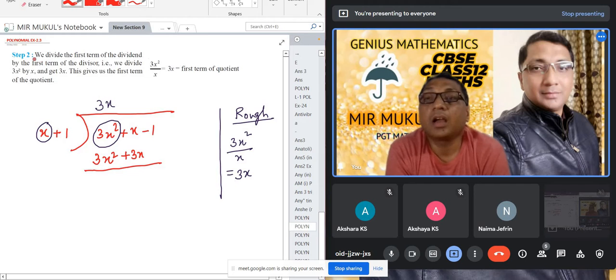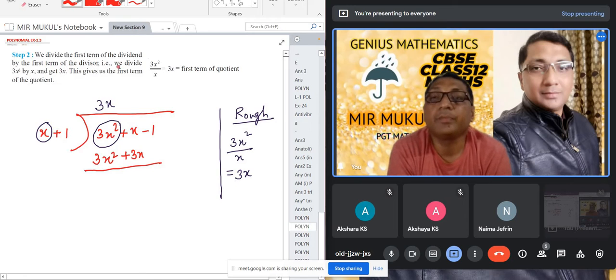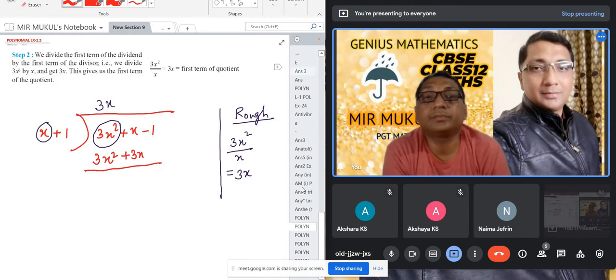So step 2, we divide the first term of the dividend by the first term of the divisor. That is, we divide 3x squared by x and get 3x. This gives us the first term of the quotient, right?